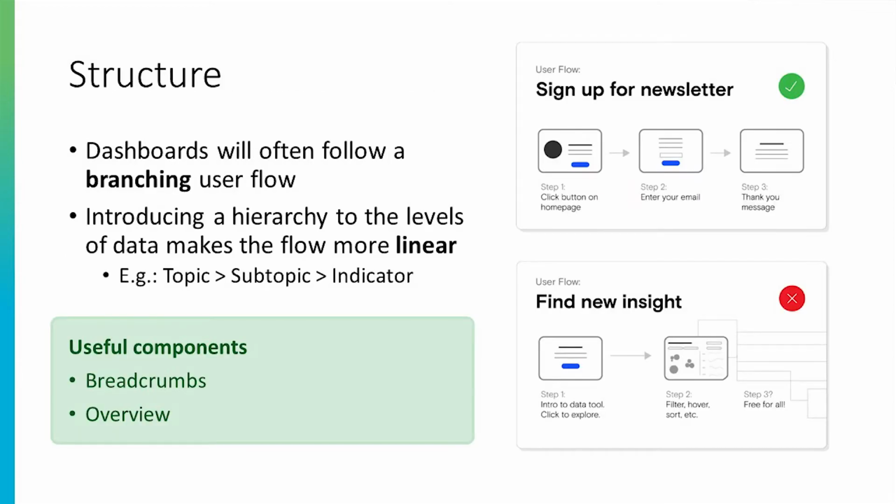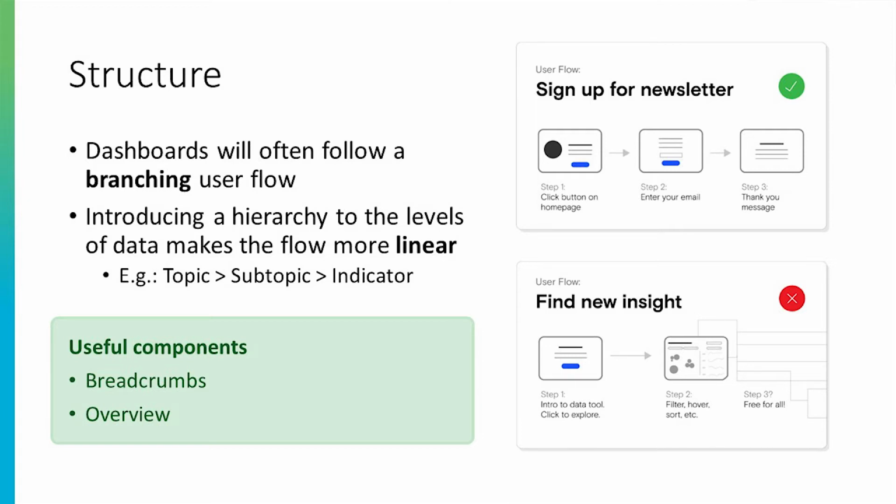So the first thing we'll look at is the structure. In our dashboards, obviously there's a lot of data and a lot of content available to you, and often that means that there's a lot of choice for users. And what that creates is what we call a branching user flow. And what that means is that, as you can see in the second image there, they enter one section, and then the next step, they play around with something, and where do they go from there?